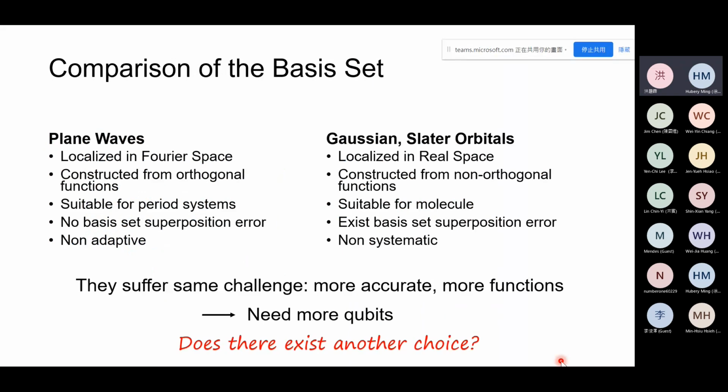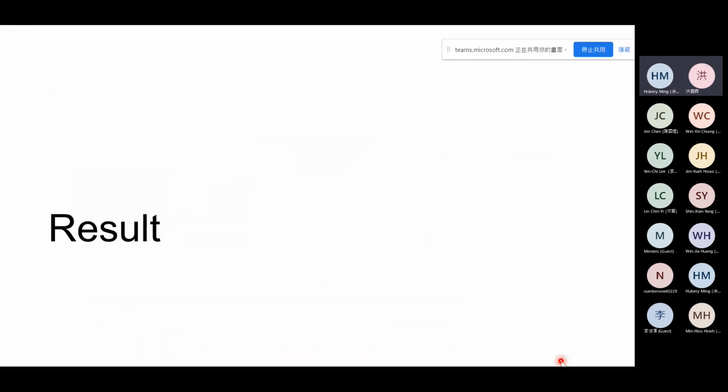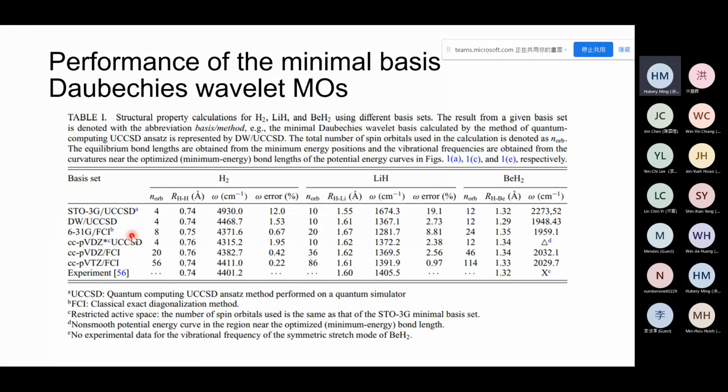So you mean you cannot incorporate more levels, or for what reason? I didn't get the point. Oh, that is the basis set and method part. We can always use the given basis set to do a full configuration interaction. But for a complex molecule, a full CI calculation needs exponential cost.